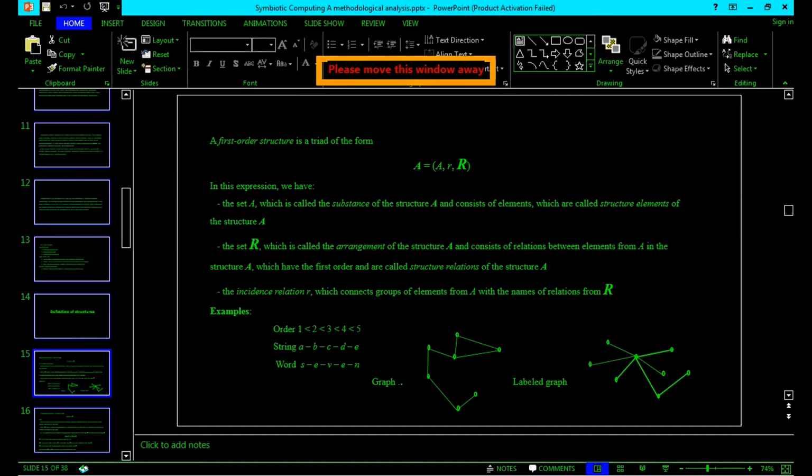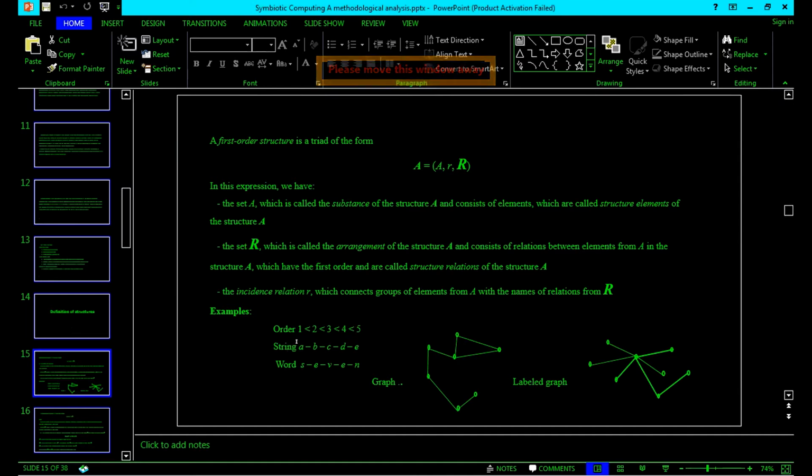And the middle part, R small, is the incidence relation, which connects groups of elements from the structure substance A with the names of relations from R. Here are some examples. Order on numbers, 1 is less than 2, 2 is less than 3, 3 is less than 4, 4 is less than 5, is a first order structure.